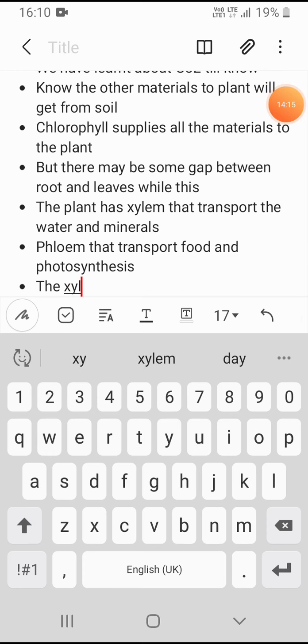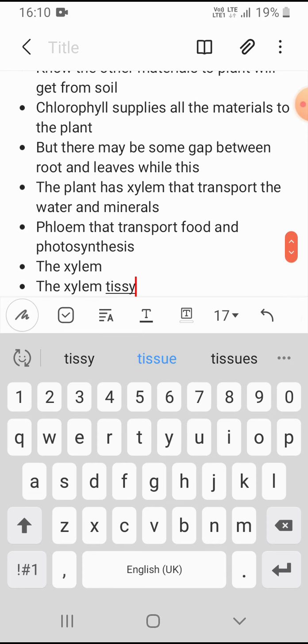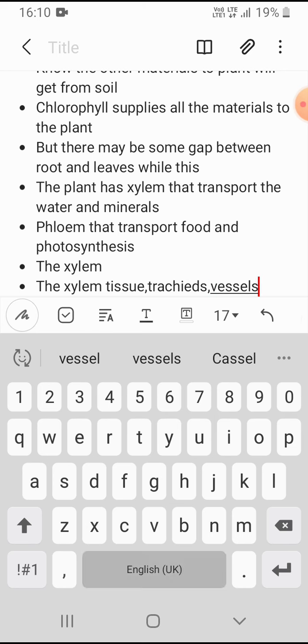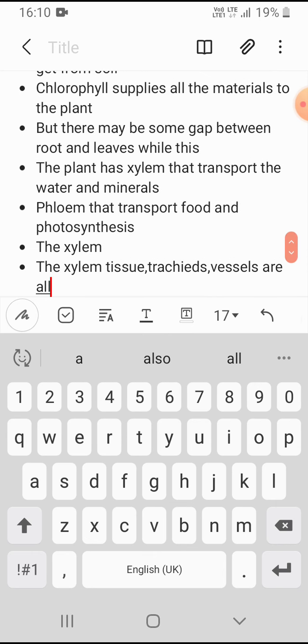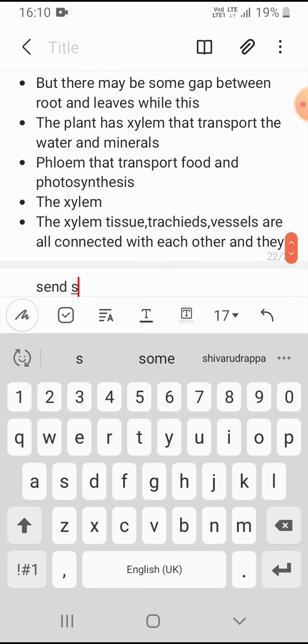Let's know about the xylem. The xylem tissue, tracheids and vessels are all connected with each other, and they send the water.